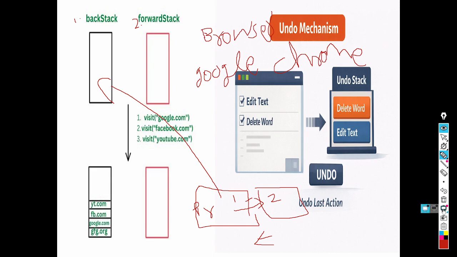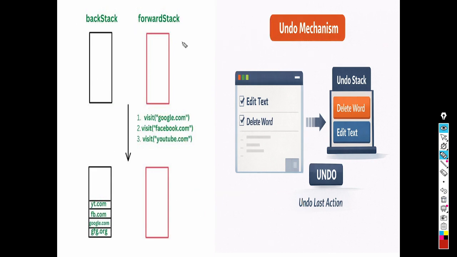Suppose you visited four pages: page A, page B, page C, and page D. First I visited page A, next page B, next page C, and finally page D. This is nothing but the back stack. So what is our top element?